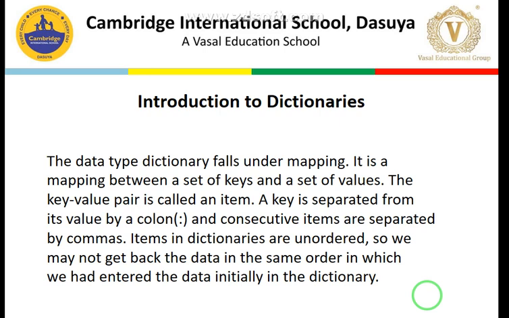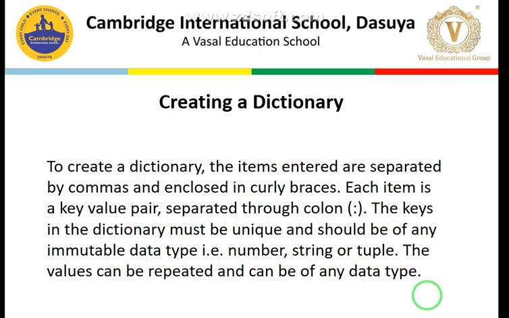The most important element here is the key value pair that is called an item. Then we discussed how to create a dictionary. Another important thing is that the elements of a dictionary can be changed, they are mutable elements. That's another important property of a dictionary.